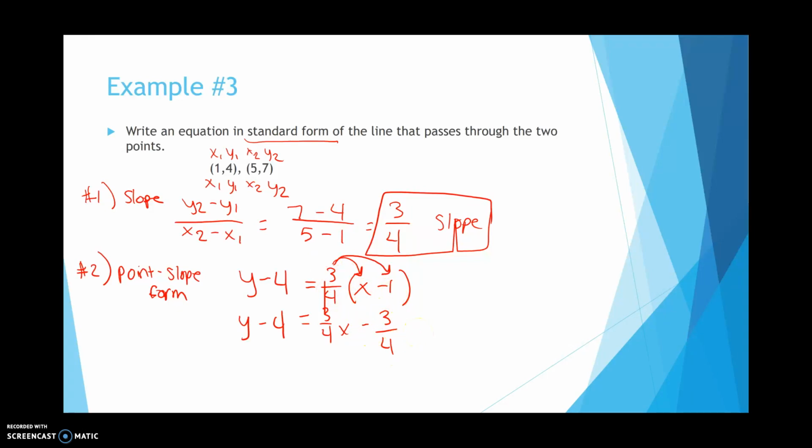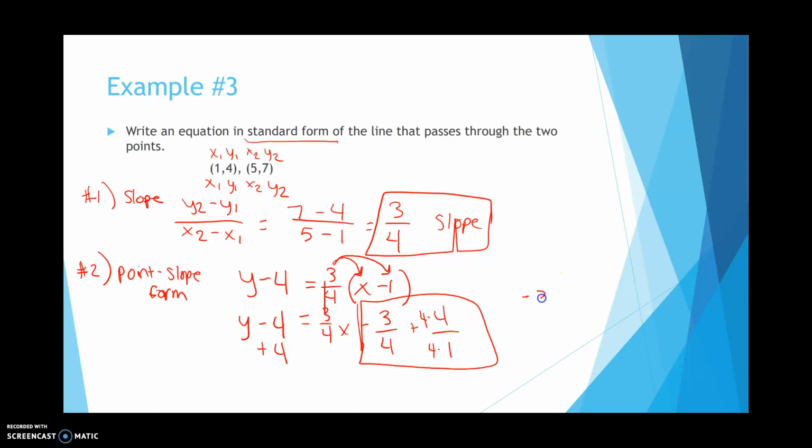Now notice how on the right side I have fractions. I have 3/4 x and I have this -3/4. Before I do anything with these fractions, I'm going to add this 4 on the left side to the right side. So that's 4 over 1. We're adding these fractions here, so we have to find a common denominator. Our common denominator here is 4.